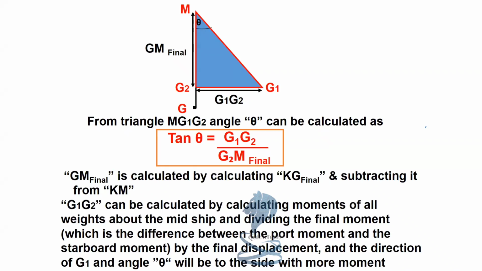This means after loading and or discharging operation, whichever side the weights are more, the ship will list to that side with angle theta and G1 in the same direction.